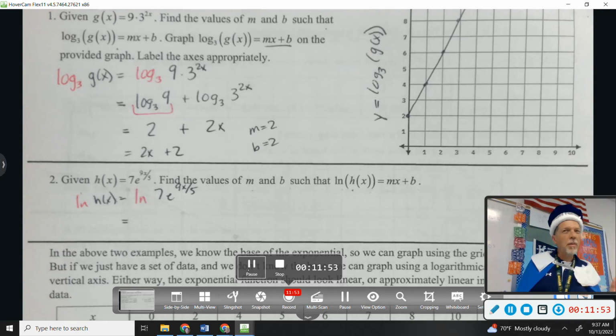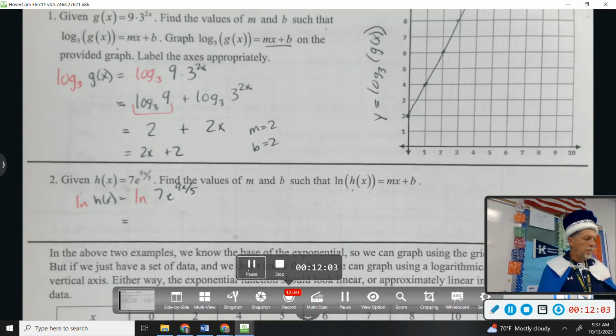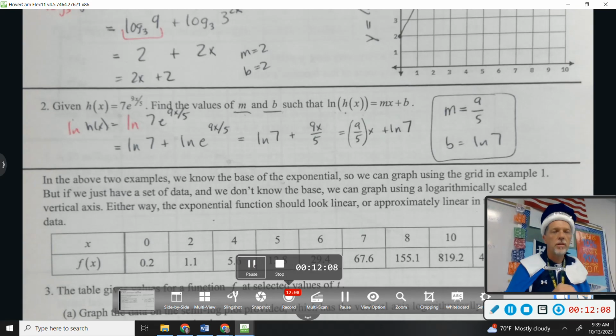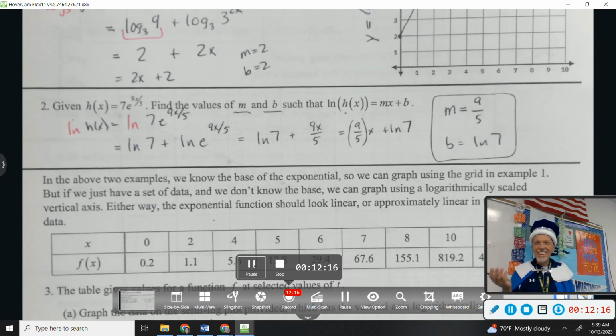Maybe it feels weird that your answer is in the form of natural log of h of x, but that's what it wants you to do. Answer it fully. So that's kind of it. It's weird, it's different, but it's only one thing.